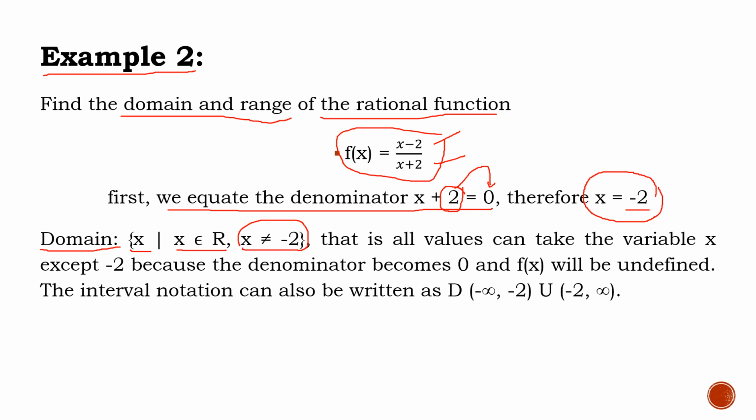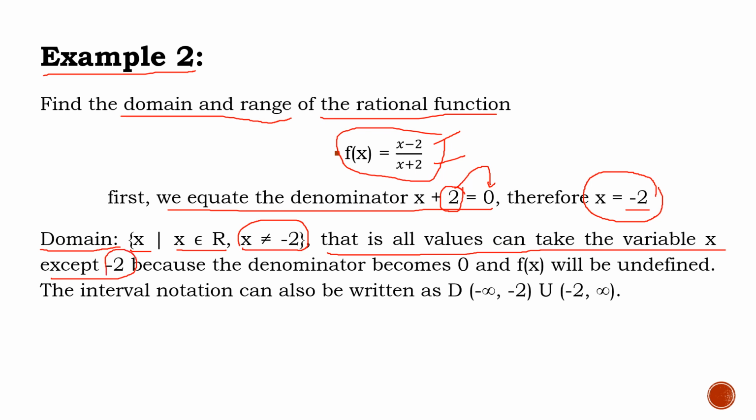That's why your x now can be a negative number, a 0, a positive number except negative 2. So we can consider all those values but except -2. That is, all values can take the variable x except -2.